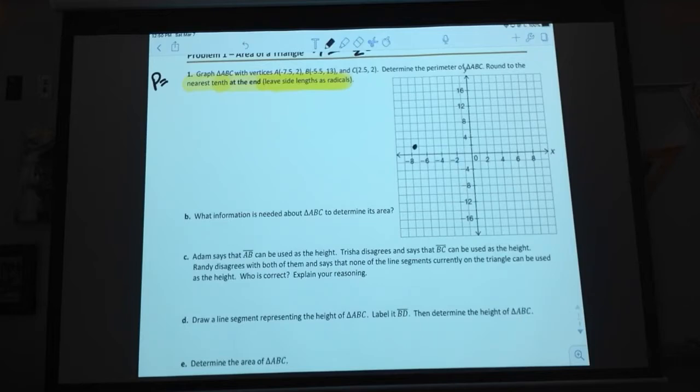There's 12, there's 14. So right in here, this is my B. This is my A. And C is going to be at 2.5, 2. So 2.5 up to 2 right there, and that's going to be my C. All right, let's connect those dots. Make our triangle.